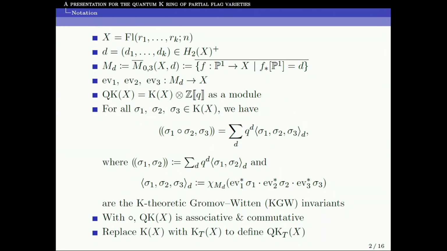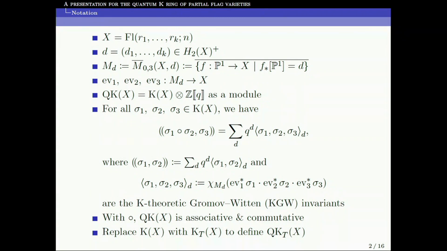Using these K-theoretic Gromov-Witten invariants, we can deform the tensor product in the Grothendieck ring of algebraic vector bundles on X. By the way, I'm using those angled brackets to denote K-theoretic Gromov-Witten invariants. And this deformed product is denoted by the circle, the same as Leonardo did in his lectures.